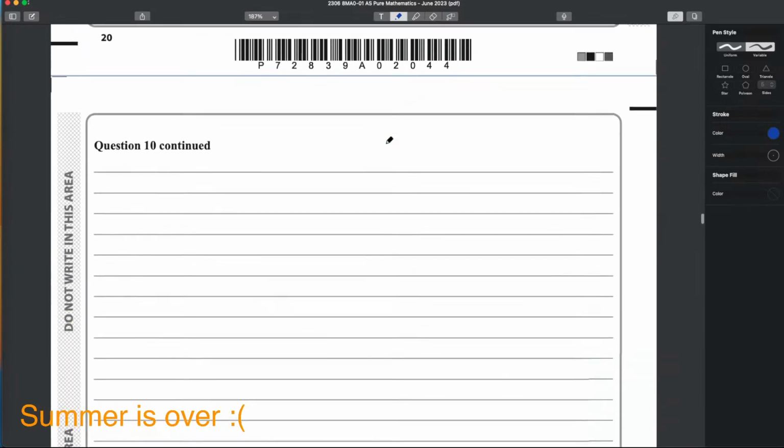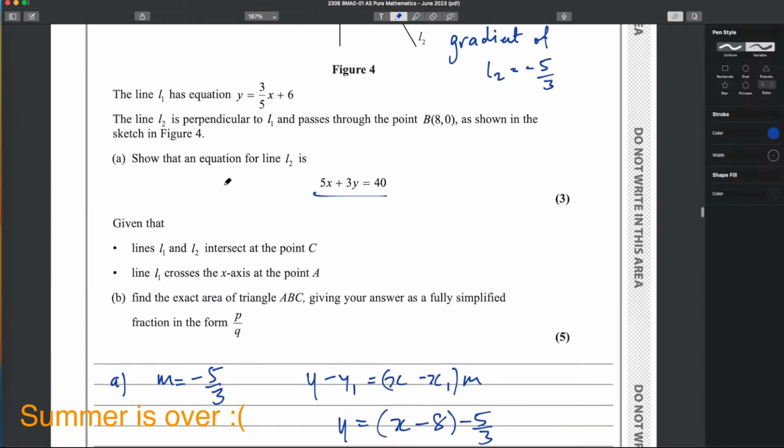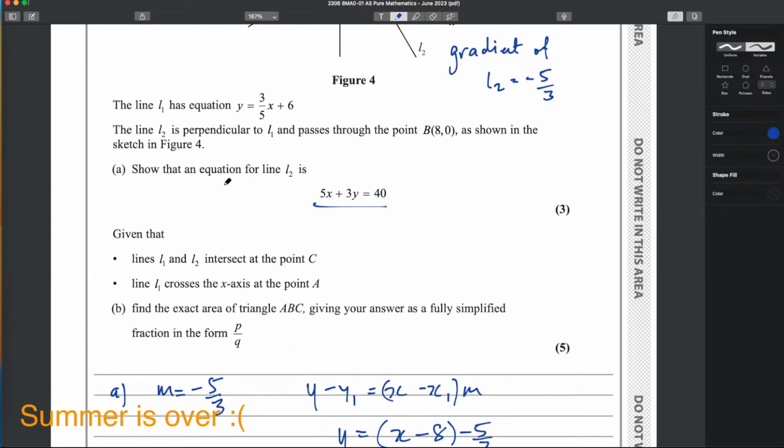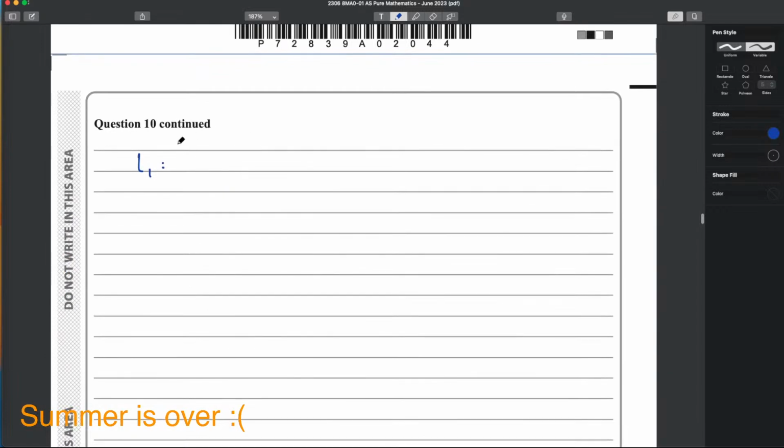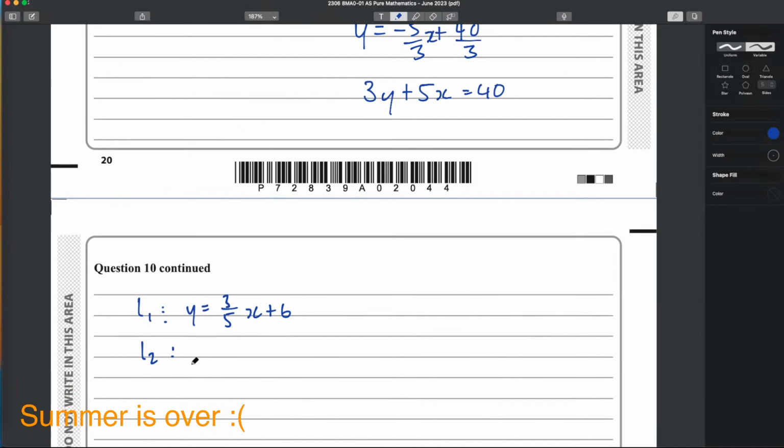And so let's write the equations of the lines down below. So L1 was y equals 3 on 5 x plus 6. And L2 was y equals negative 5 on 3 x plus 40 on 3.